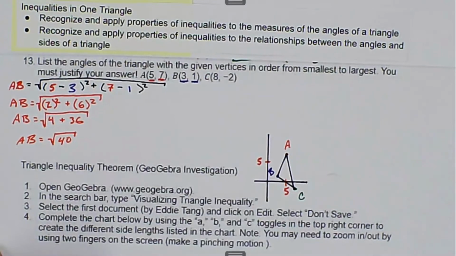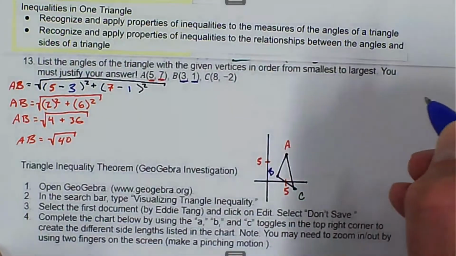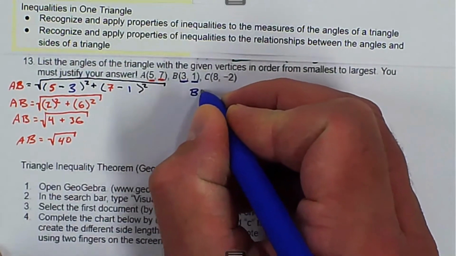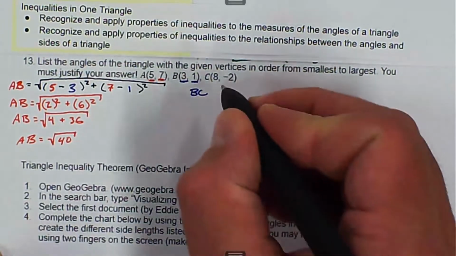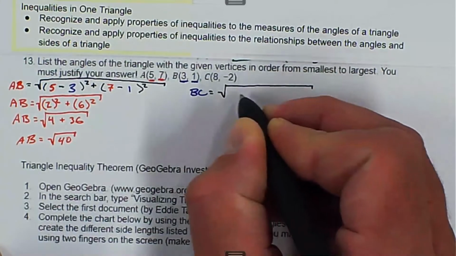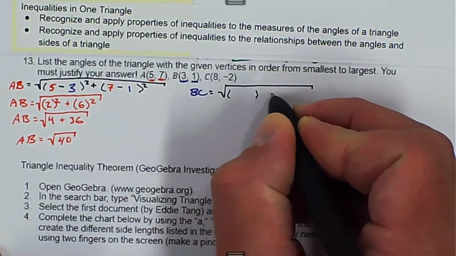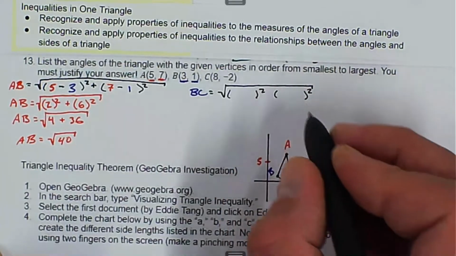So we figured out one distance. The next one we can check is BC. The things that never change: we have the large radical, we have the 2 parentheses, both of the parentheses are squared, and we have 4 dashes.